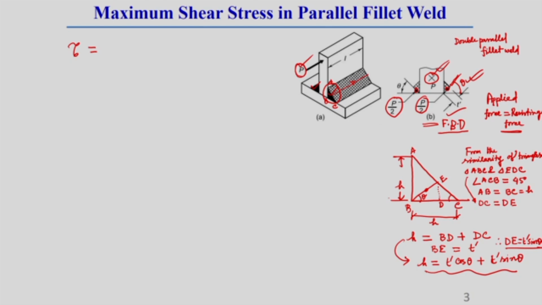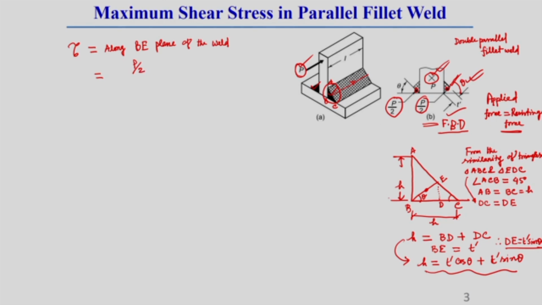So, the shear stress tau, which is along the BE plane of the weld. Okay. So, this tau shear stress we can write as P by 2.